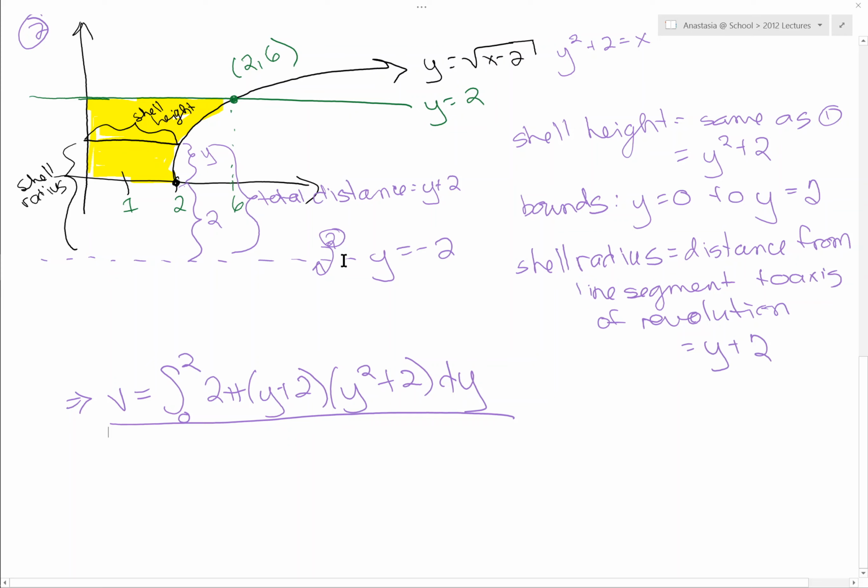So changing the axis of revolution to a different value but in the same direction is only going to affect the shell radius for the shell method. Disk washer method gets changed quite drastically, but only the shell radius gets changed in the shell method.